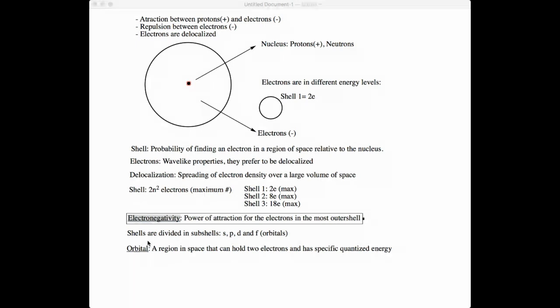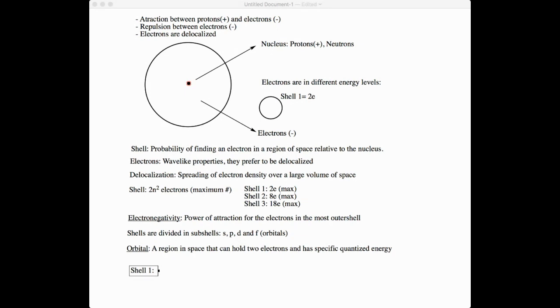Okay, and the maximum number of electrons that an orbital can hold is 2 electrons. So according to this, in shell number 1, what's the maximum number of electrons that we can have? 2 electrons, right? Good.